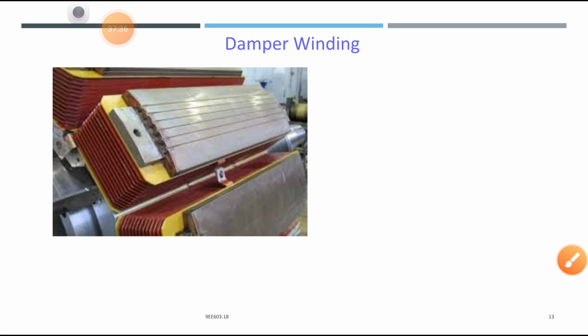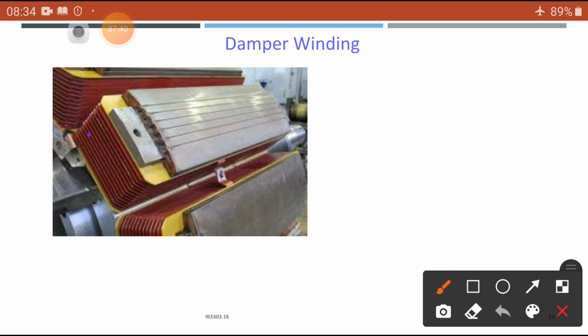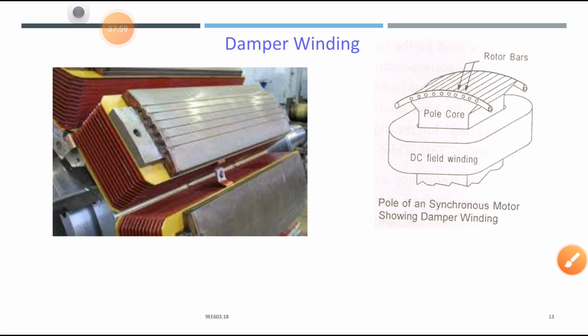Now here you can see clearly the pole shoe, this is the field winding, whereas in this case you can see copper strips placed and soldered at both ends. Whatever induced current flows is just like a closed path coil; it acts as a coil. You can see here the rotor bars and pole core.